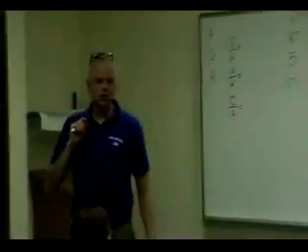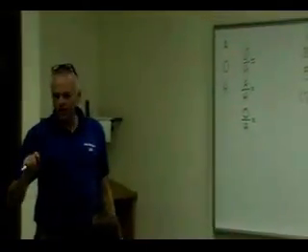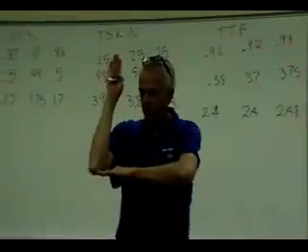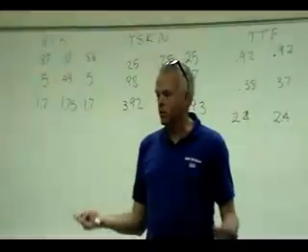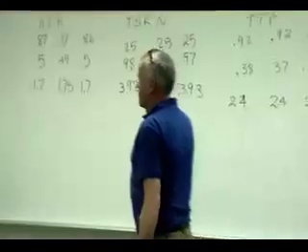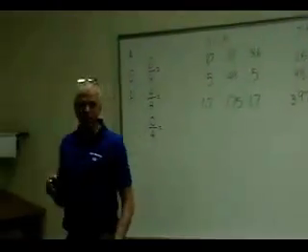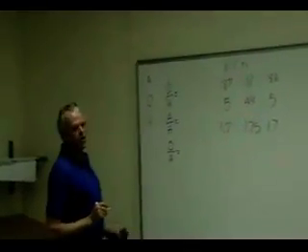The title of this unit is Trigonometry. Trigonometry is measuring triangles. That's what we're doing in this unit, is measuring triangles. Each of these has a name. Does anybody know their names?